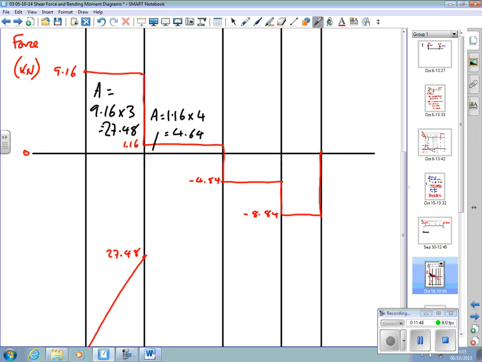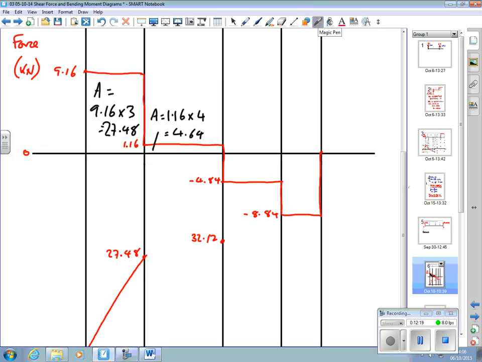So in other words, we add 4.64 to this value, and that will give us the moment at this point. So we can work that out. What's 27.48 plus 4.64? And that will be this point here. 32.12 is the value.